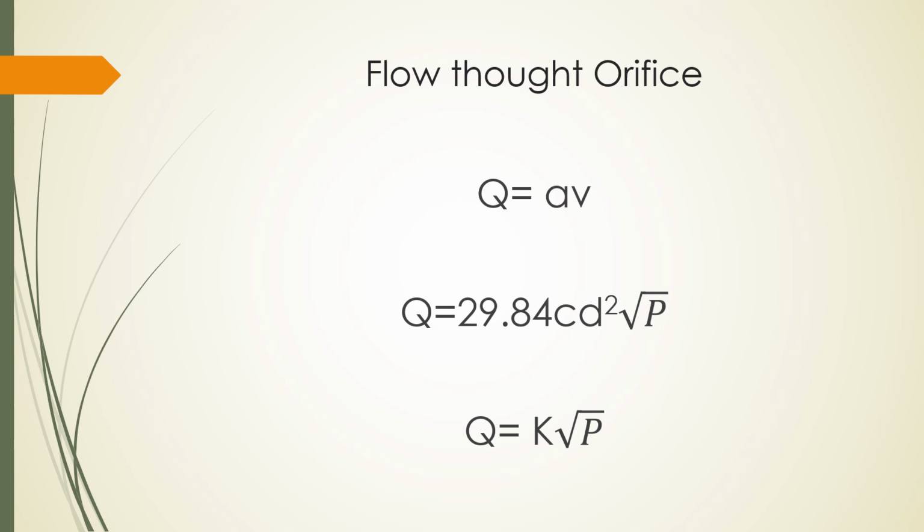And it's more likely to be seen in this form of Q equals K square root of P. We're going to be using Q equals K square root of P. And again, Q is the flow in GPM and P is the pressure in PSI. And that K represents that 29.84 CD squared. Let's see how it gets used in some upcoming graphical work here.